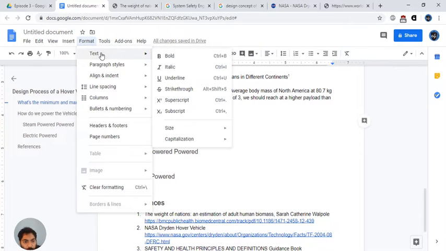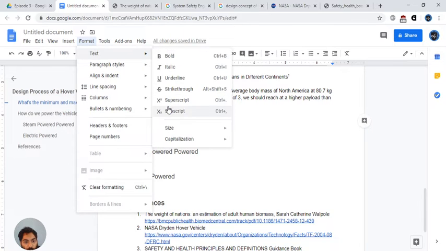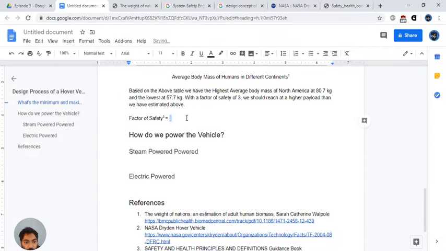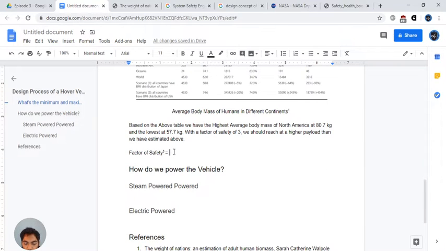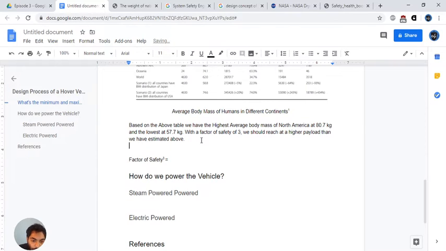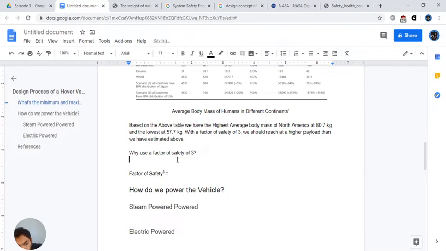If you go the other route with the literature review, it's going to take way more time. You have to go to a professor and say, this is the research I'm using, and this is why I'm using a factor of safety of 3. That's a question, right?